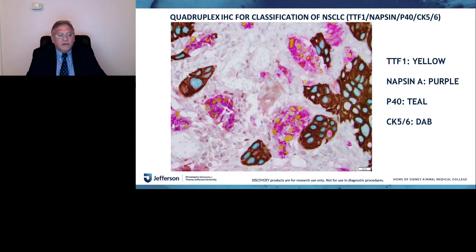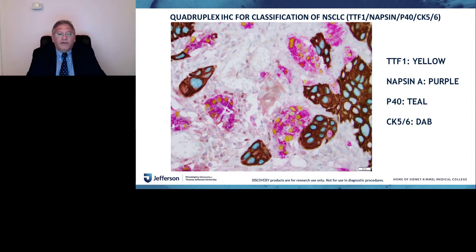Here we replace the brown with a DAB, and we have TTF1 yellow, napsin A purple, teal as P40, and CK5/6 as the DAB. So basically, if you have the individual stains, you have to go back and forth, trying to find the region that you are questioning whether there is another component.